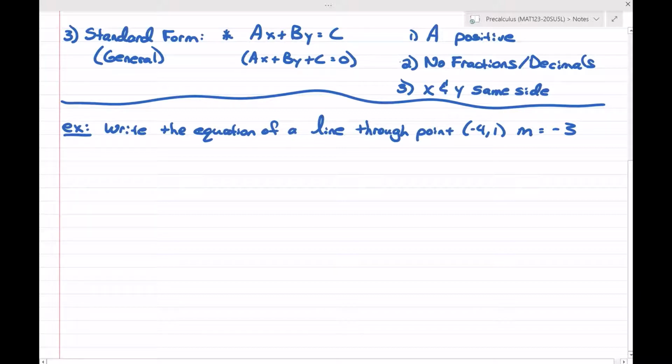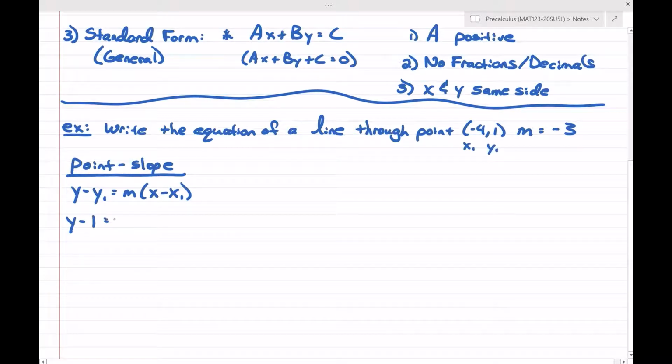We have our slope, we have a point, so maybe point slope form would be easiest. Now with point slope form, remember it's y minus y1 is equal to m times x minus x1. So it's going to be y minus our y1 value. y minus 1 is equal to our slope times x minus -4. That would be point slope form.